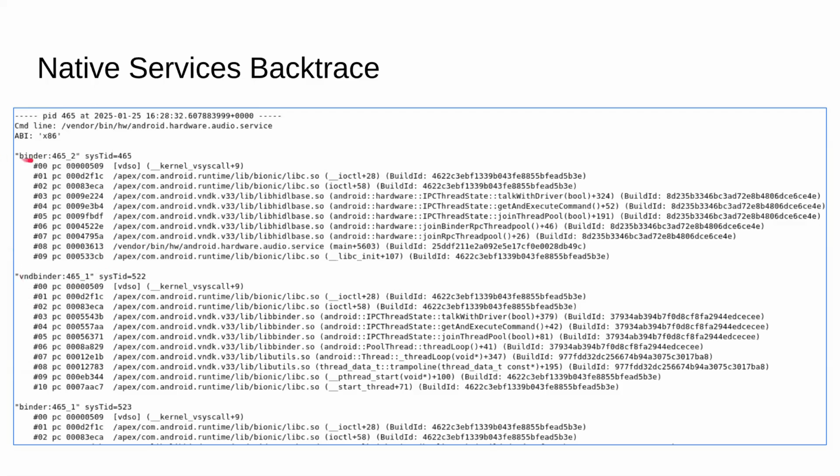And the part that you see here, the binder 465.2, the VND binder 465.1, these tell that this thread is handling a binder transaction or a binder request that has come from a different process. When we combine this with the binder transaction log or a systrace, it becomes easier to understand which process is invoking this transaction.